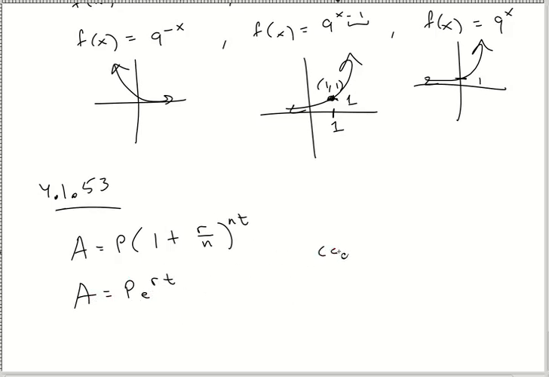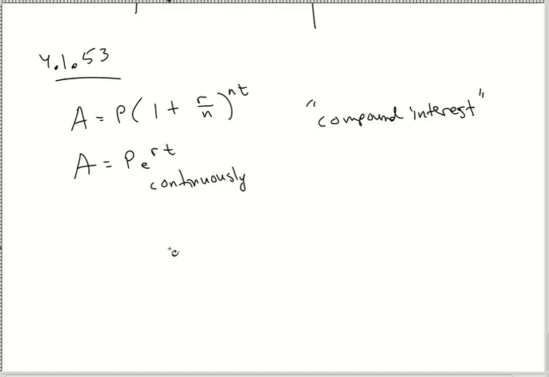Both of these are for compound interest, and it depends on what kind of interest we're talking about. The PERT formula is for continuous compounding. It'll say the word continuously. Anything else is going to be the other formula. We could have annually, semi-annually, quarterly, monthly, daily, weekly. There are all kinds of things that'll go there.